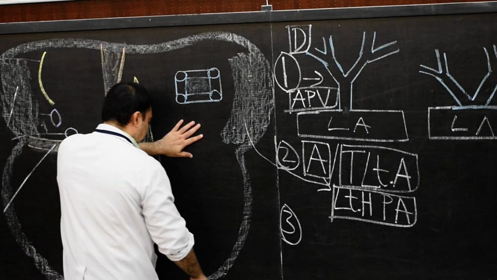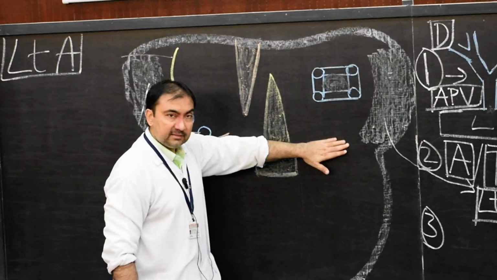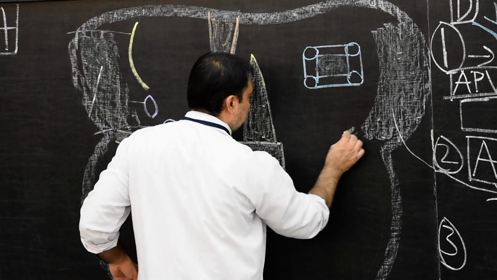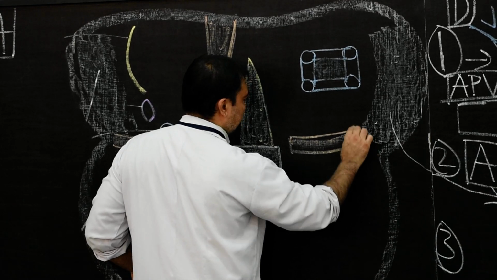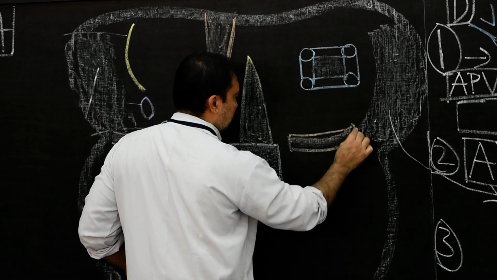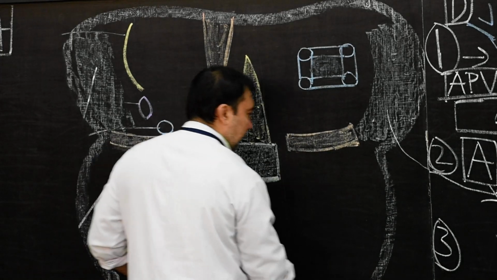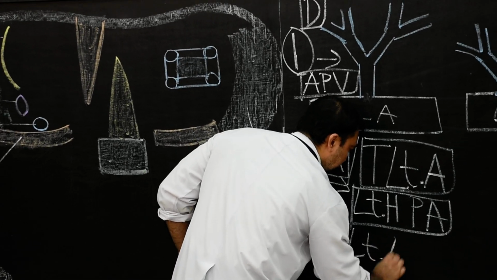Third point is where my hand is. Here this was the third point. So therefore in the third point I will draw here the most ventral segment, the most ventral part. So the most ventral part of the left atrium, here I will write the most ventral part of the left atrium.